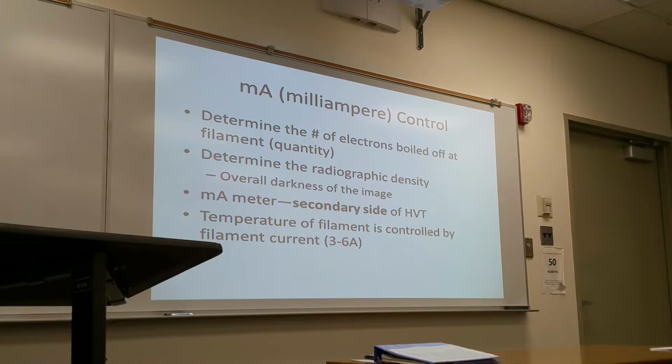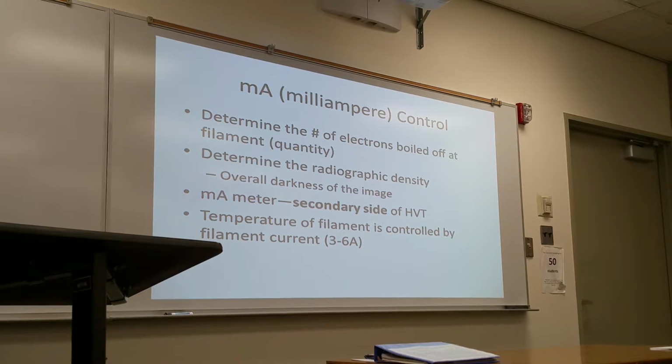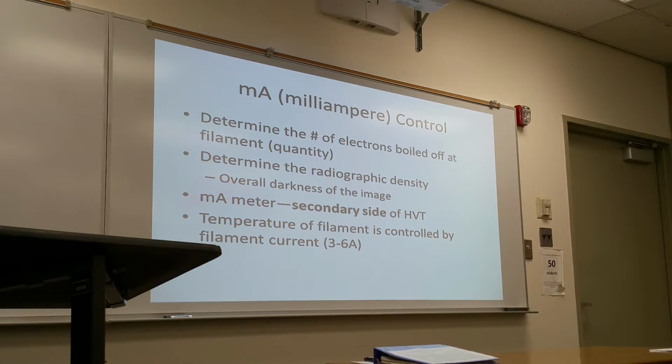Okay, milliampere, what does it control? The purpose of mA is to determine the number of electrons boiled off from the filament. So again, it's quantity, the amount of electrons coming out. And in terms of the X-ray film, the number of X-rays reaching the film determines the degree of blackness on the film.